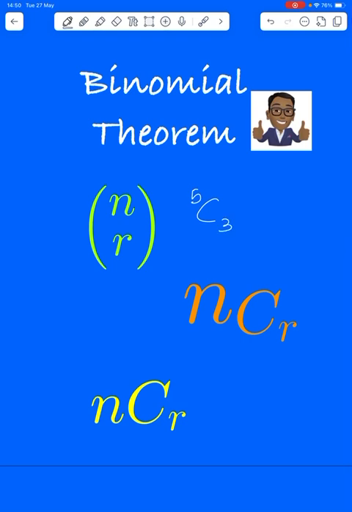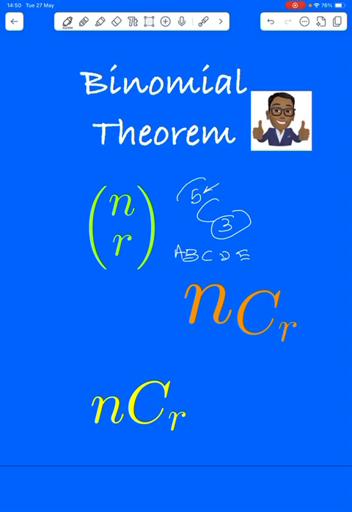So basically, let's say, for example, we are given 5 letters: A, B, C, D, and E. Out of these 5 letters, how many ways are there to choose 3 letters?